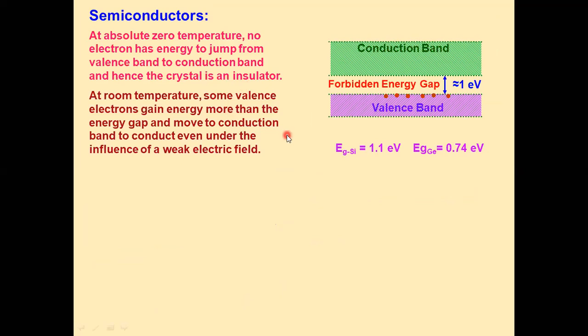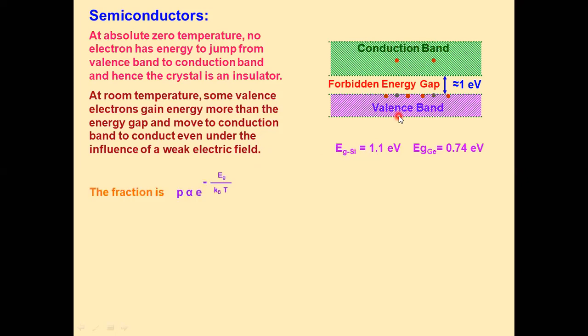At room temperature, some valence electrons get energy due to thermal energy, and these electrons move into the conduction band and conduct a small amount of current. In the semiconductor, this is the motion of electrons from valence band to conduction band due to the thermal energy.